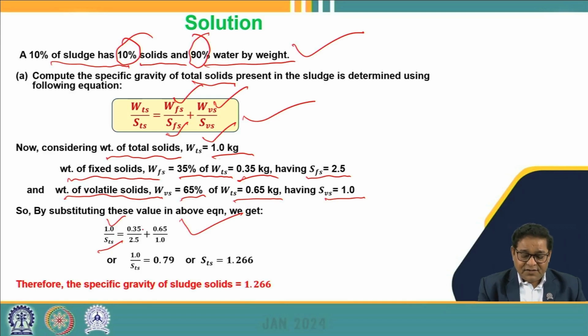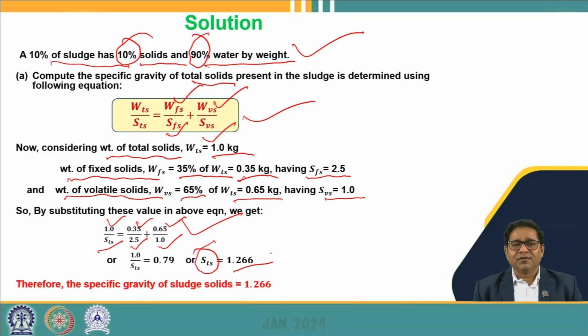The weight of the fixed solids is 0.35 divided by its specific gravity. Similarly, the weight of the volatile solids divided by its specific gravity. From putting these values we can find out the specific gravity of the total solids, which comes out to be 1.26.